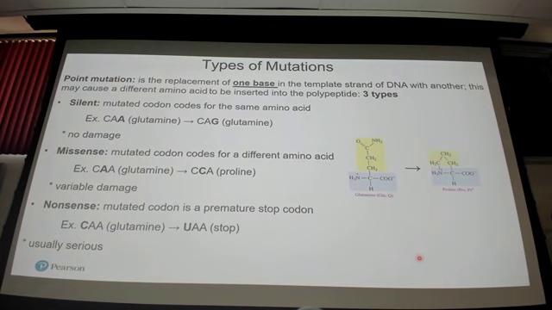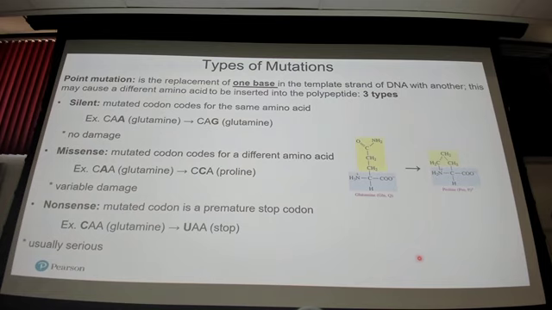If we take this example, CAA is the codon sequence that codes for glutamine, and in CAG, where that last A is changed to a G, that also codes for glutamine. So in this case, that's not going to change the amino acid or the protein in that sequence. This is called a silent mutation.